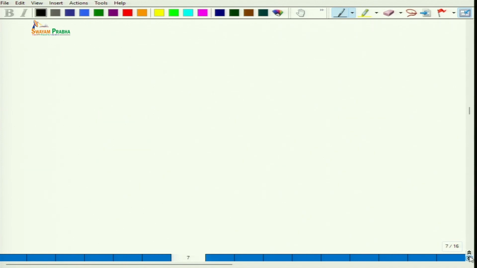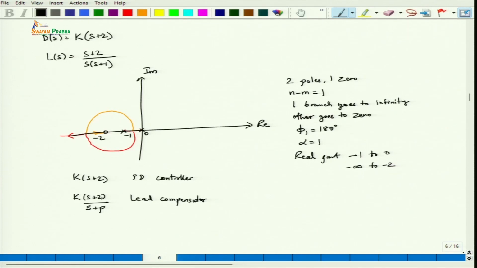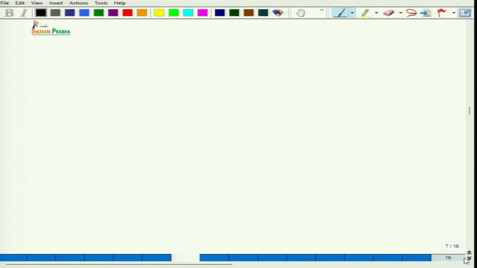Now to do that, we consider different scenarios. First, we consider that this p can take various values, right? So we can consider scenarios like the value of p is equal to 10, 13 and maybe 20. So first let us start with the value of p equal to 10. In that case L(s) is equal to (s plus 2) divided by s into (s plus 1) into (s plus 10).